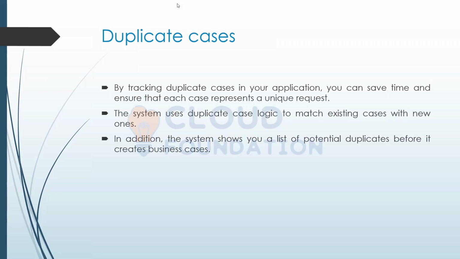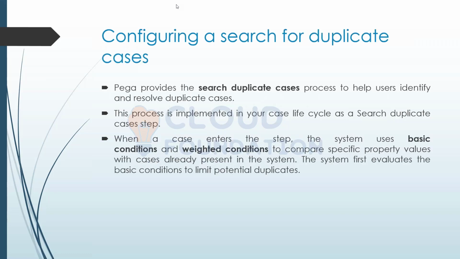Now, like I said, this identification of duplicate cases is not just randomly done. We have a criteria. We will be designing a set of conditions, and the set of conditions is classified into basic and weighted conditions.